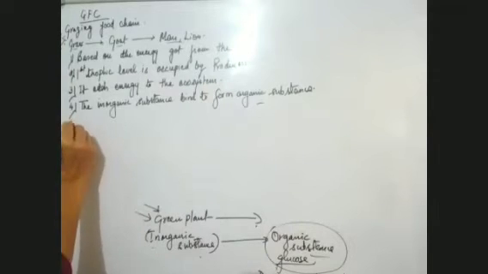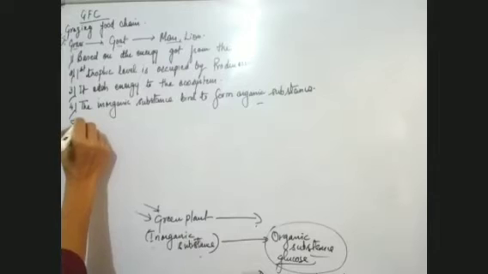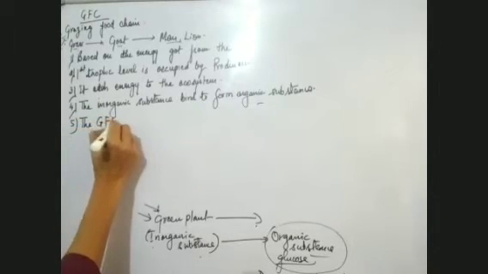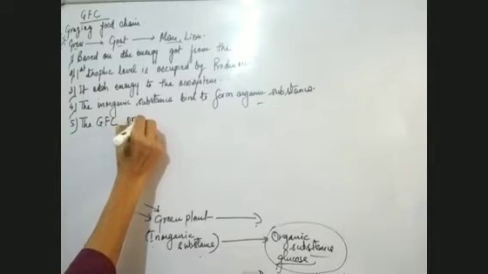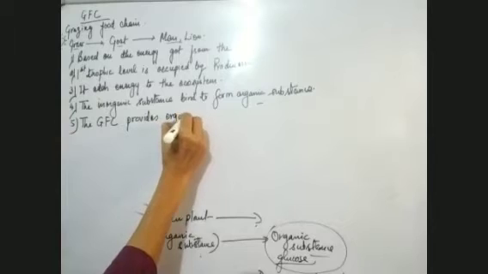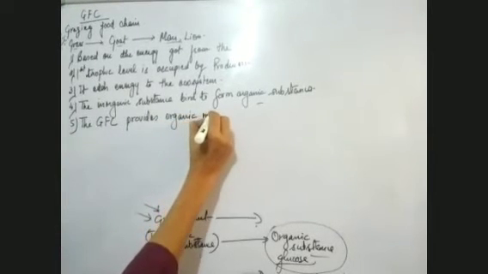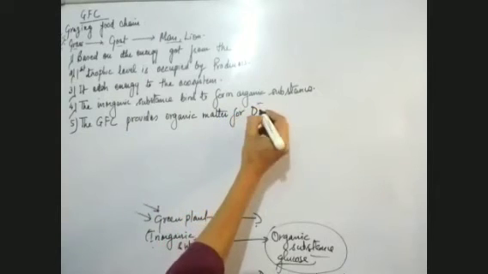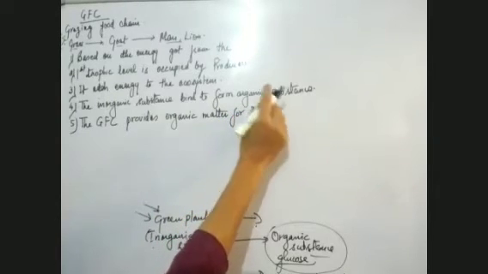Okay, that means the fifth point is the GFC, the grazing food chain, provides organic matter for the detritivore food chain.